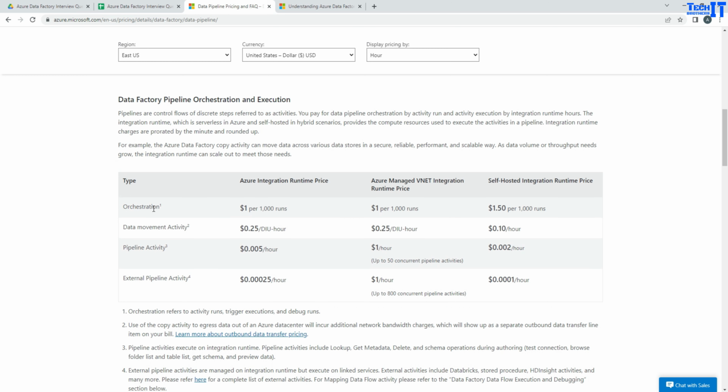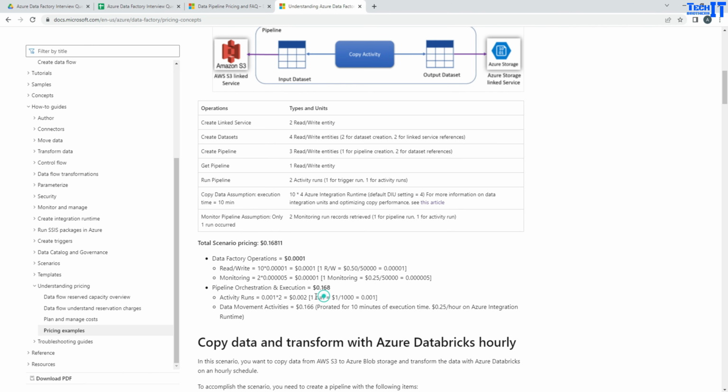So see right there, orchestration, and you have $1 per thousand. So you divide $1 by 1,000, it will give you the amount for one run, and then you are going to multiply that. So that's what he did, because he ran one time, and he charged 0.002 for activity runs.